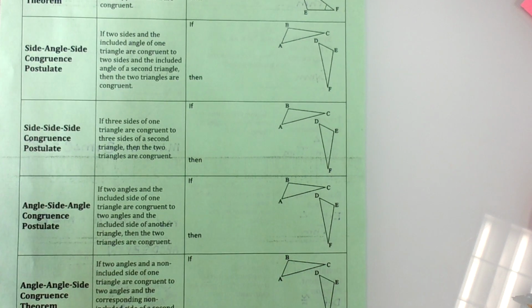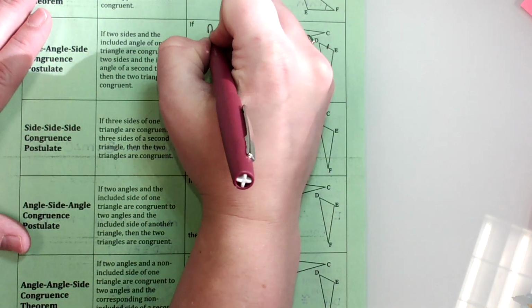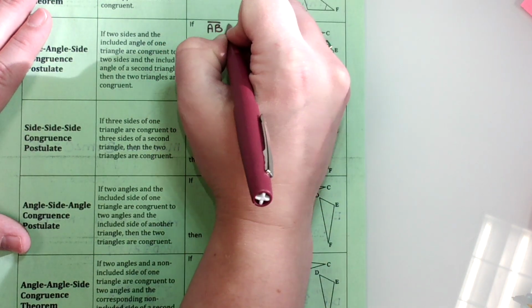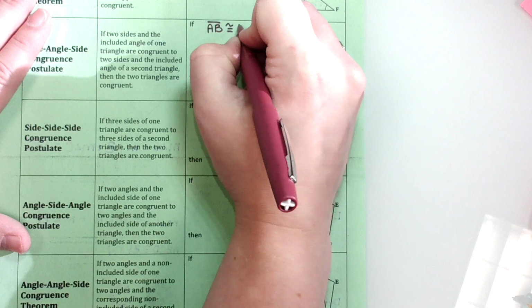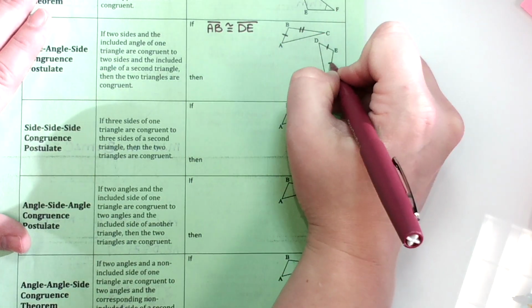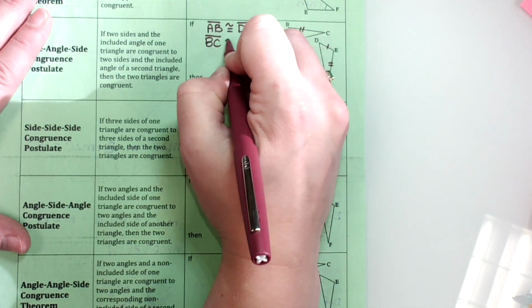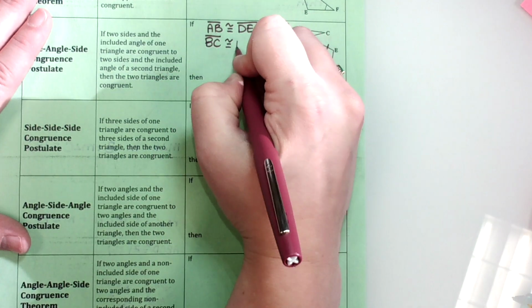But yesterday we talked about side angle side postulate, where we had situations like AB was congruent to DE. BC was congruent to EF.